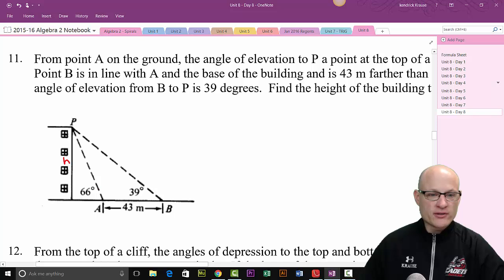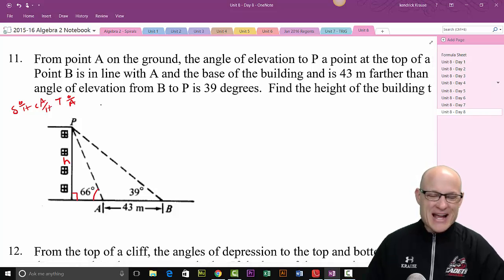So if I wanted to, I could say, okay, this is a 90-degree angle. But I only have one thing in that triangle. And remember, you have to have 2, and I don't have 2. I only have 1.